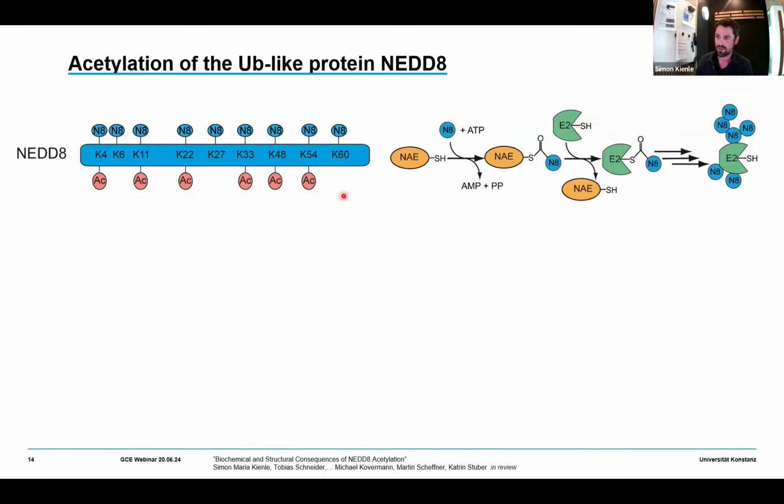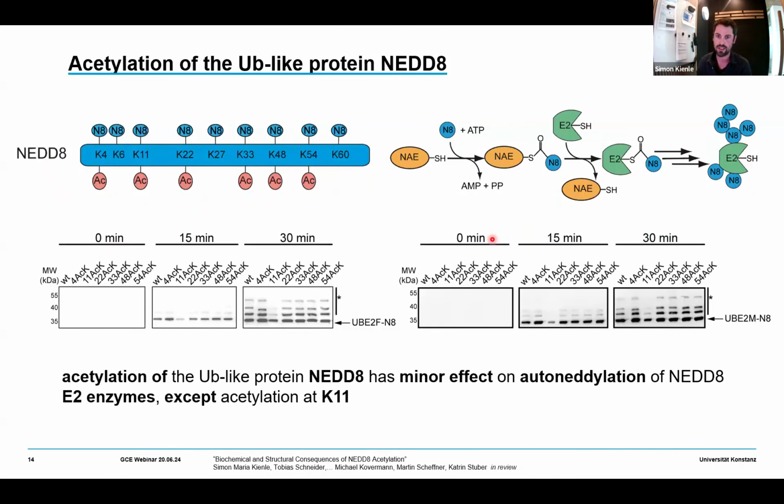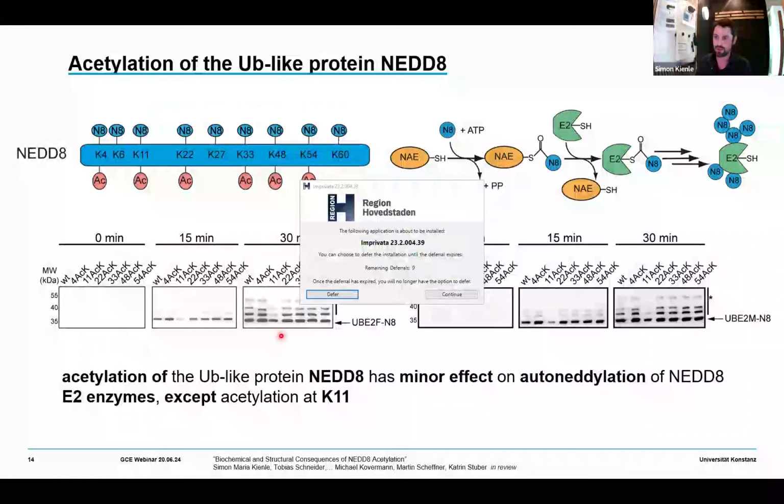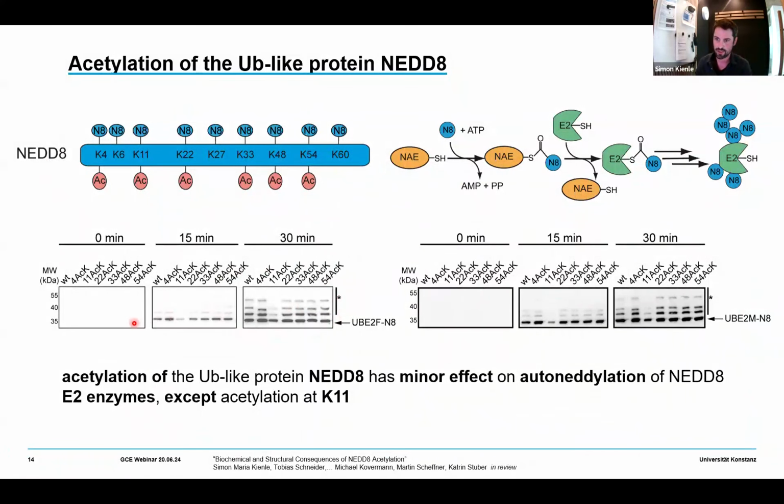And we again investigated the effect of this acetylation on the NAT8 cascade. And what we found here is that none of the acetylations of NAT8 influenced the ubiquitin cascade, except when NAT8 was acetylated at position 11.